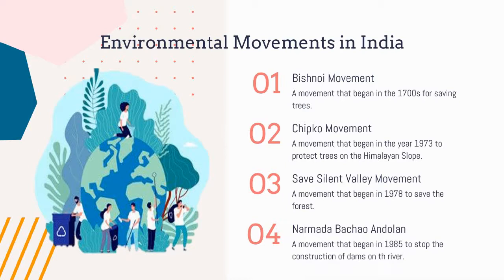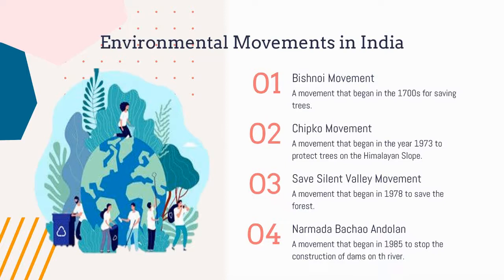The next movement was the Save Silent Valley movement, which took place in the year 1978 in the state of Kerala. In order to protect that silent valley and the evergreen forest from being destroyed by a hydroelectric project, this movement was started.